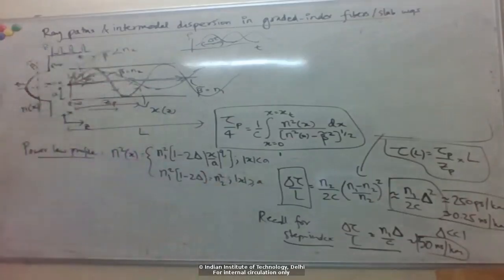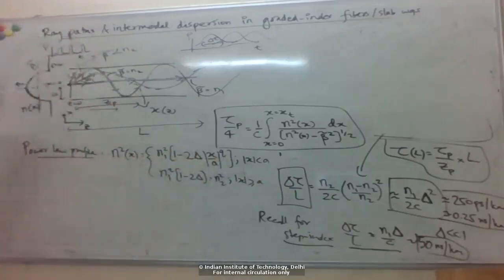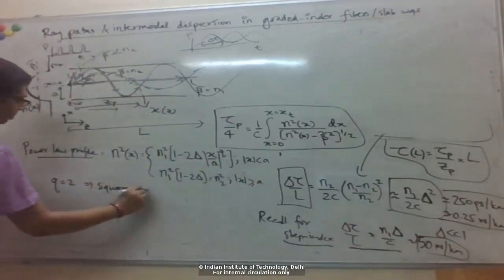Cladding. Okay, so q equal to 2 corresponds to the square law medium.